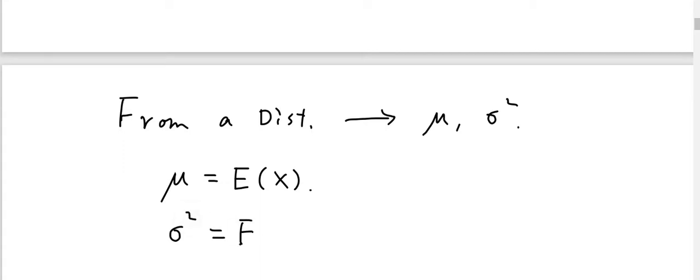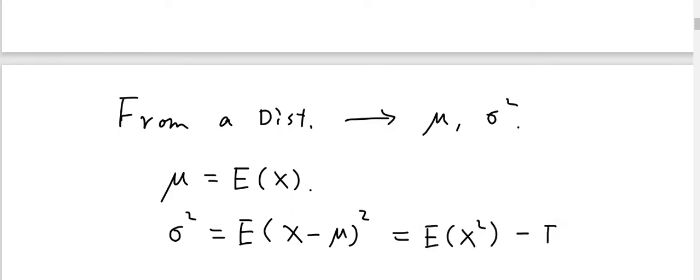It is the average of (x minus mu) squared, or we have the formula E[X squared] minus (E[X]) squared.